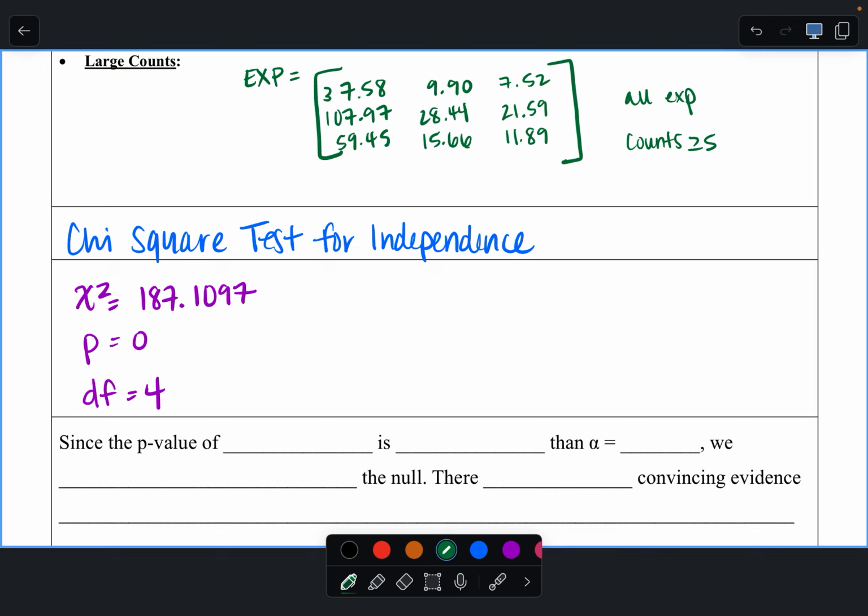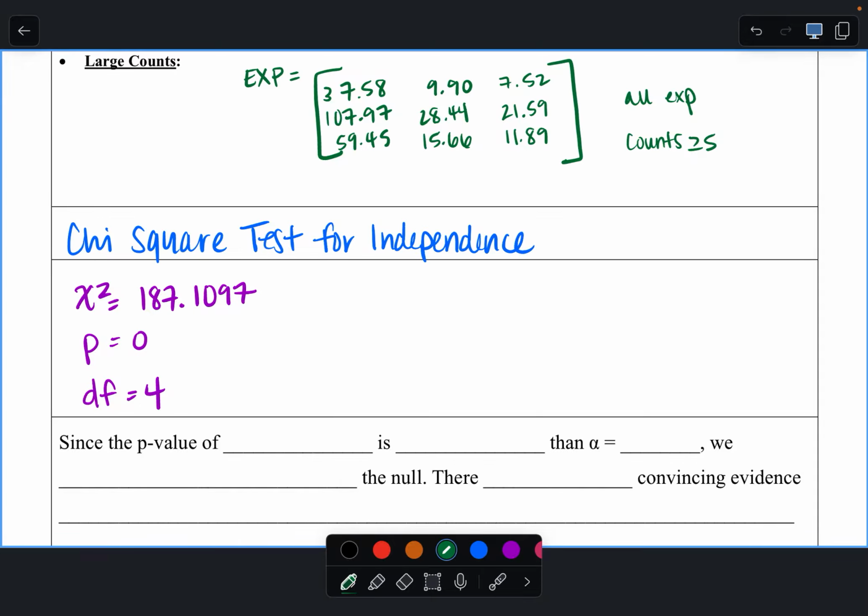If anything, conditions will fail when it comes to multiple choice. They may say check the conditions, kind of like what you do in math lab, where the random condition failed. But I don't think that would happen in an FRQ. In FRQs, most likely all of your conditions will always pass.